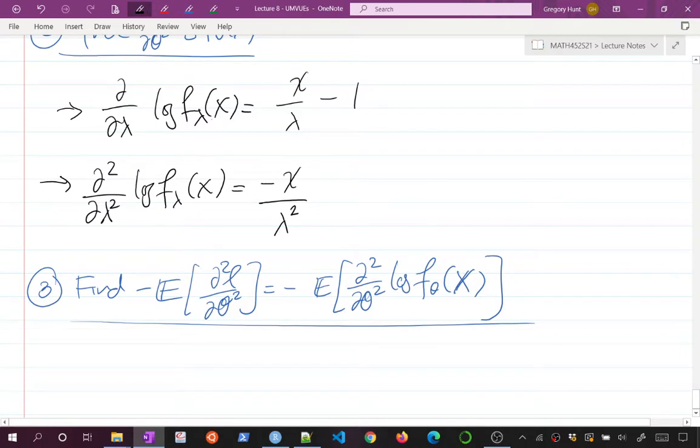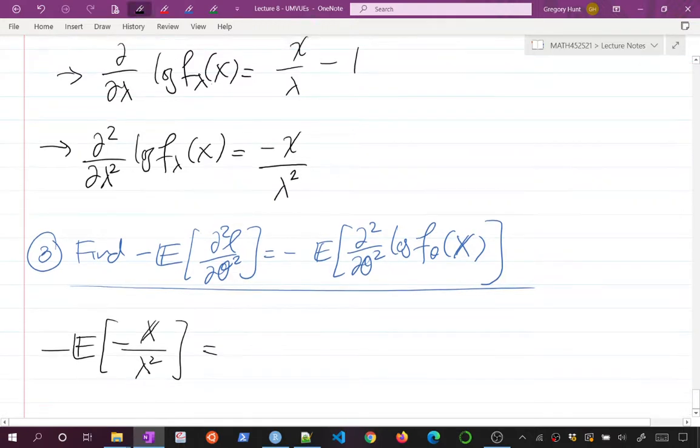And so we want the negative expected value of this thing, but instead of little x, we have capital X. And of course, the negative cancels. We can pull the 1 over lambda squared out, and you get 1 over lambda squared times the expected value of X. And X is Poisson, so that's just lambda.